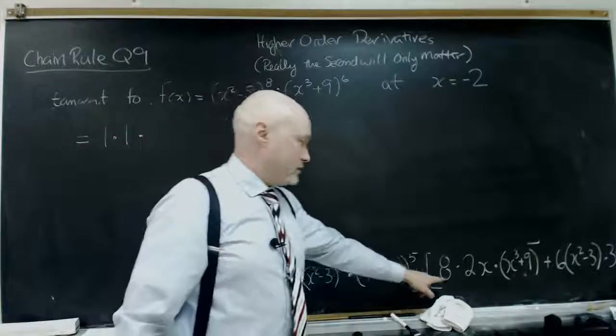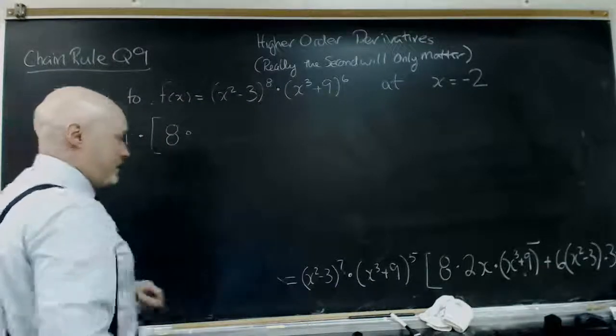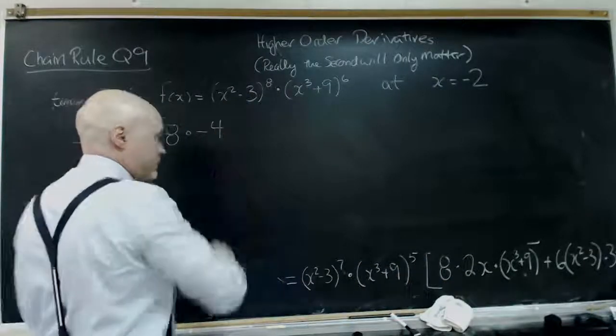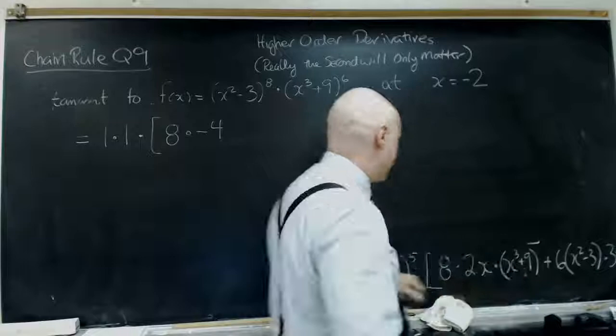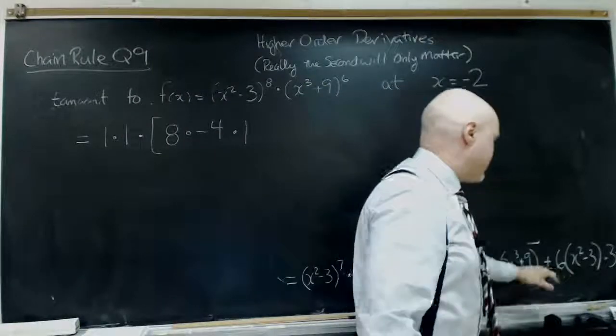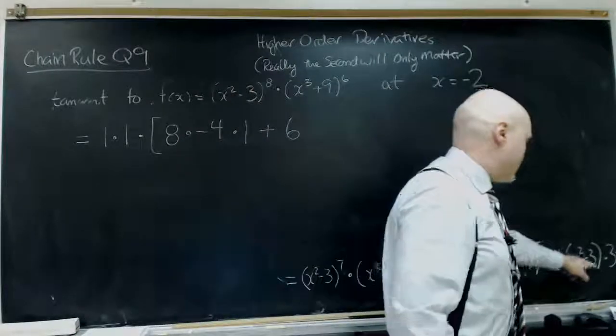Now I'm going to go into my bracket. So everywhere I see it, it's going to be 8. And substitute negative 2 for x times negative 4. Negative 2 for x times 1. Oh, this is getting easy. Plus 6. Negative 2 for x becomes 1.